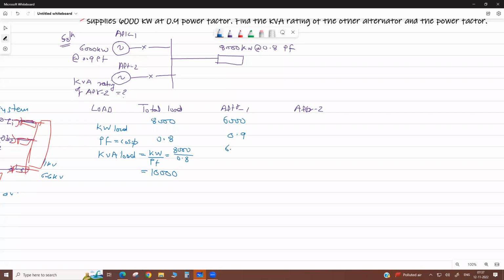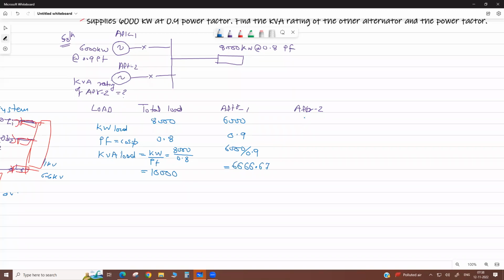Again it is 6,000 divided by 0.9, so it comes to 6,666.67 kVA.